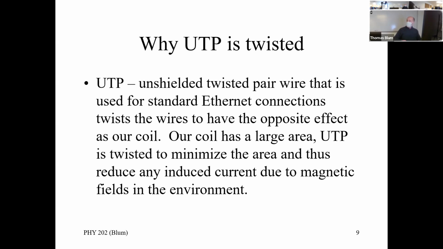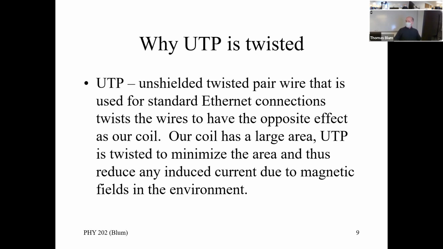So when you twist a wire, you are doing the opposite of coiling a wire, and you are trying to minimize the effect of a magnetic field. Because a stray magnetic field will cause interference. Like when you suddenly turn on an air conditioner, that's a big change in a current and gives you a magnetic field and could cause some interference.